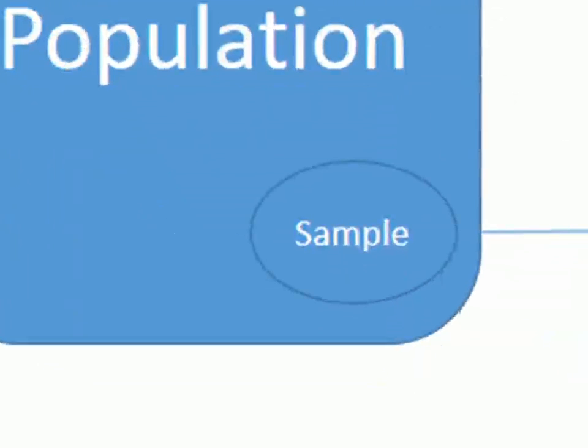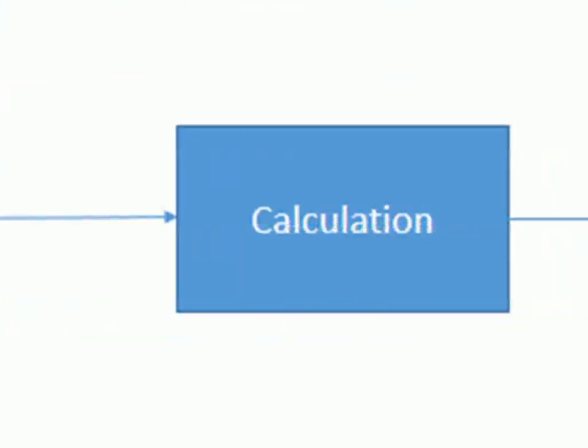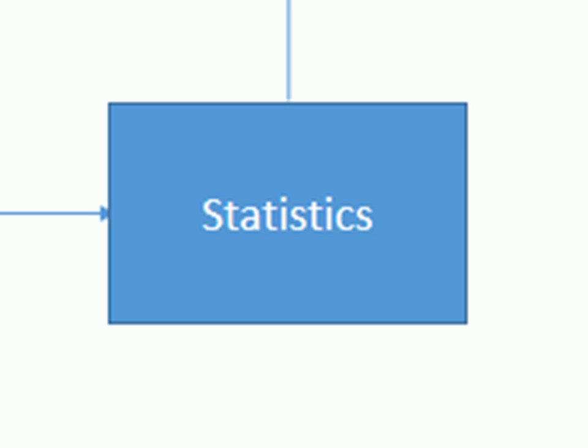And from that small sample, we do some sort of calculations and come up with some numbers, and these numbers are what we call statistics.